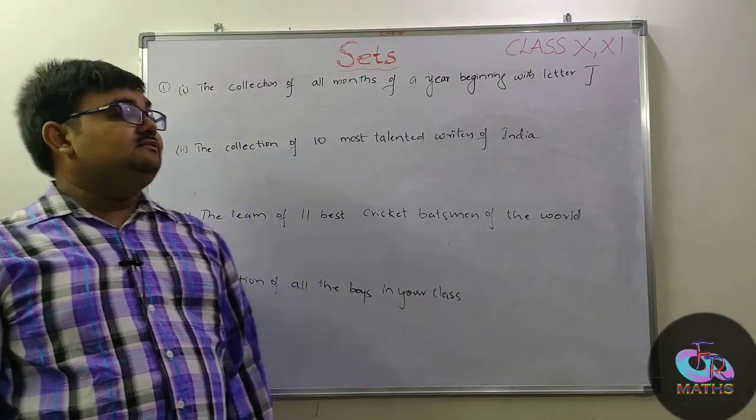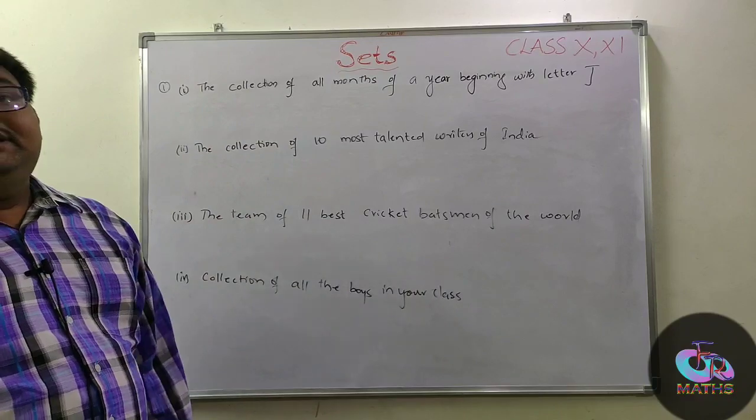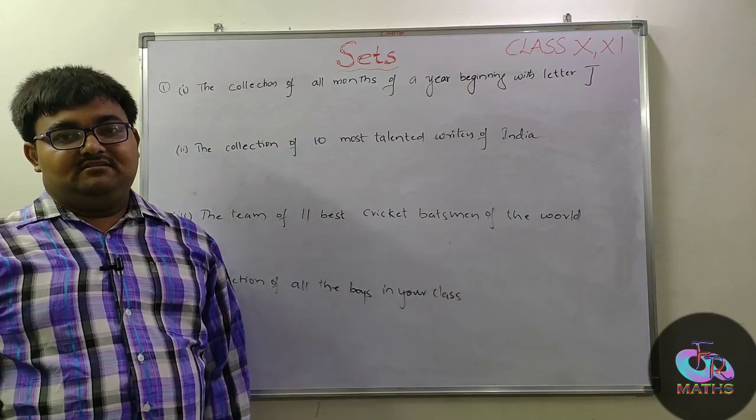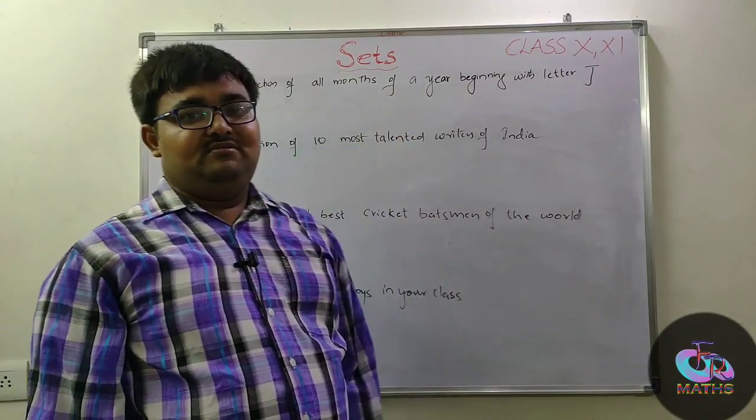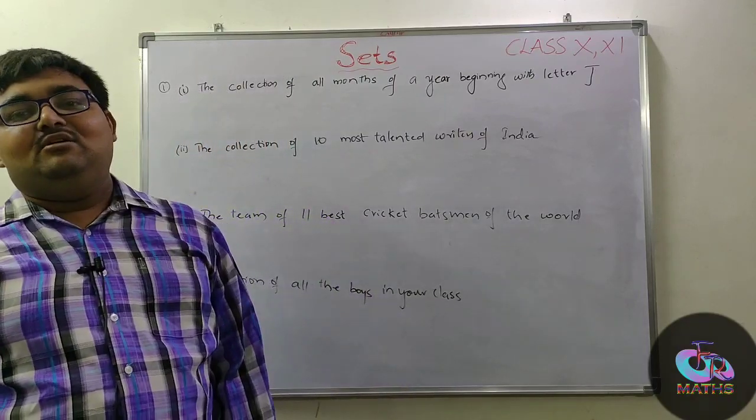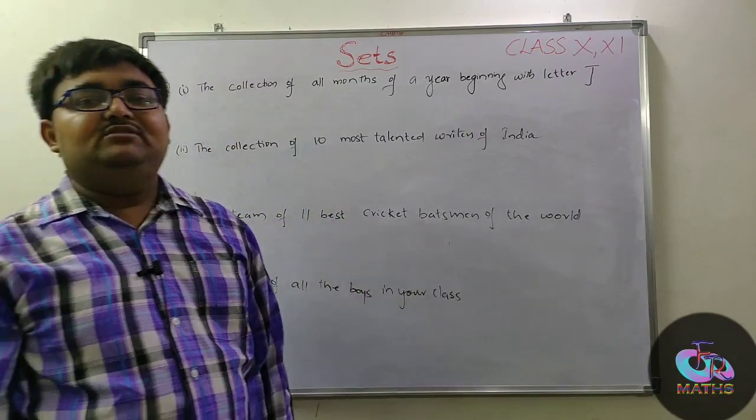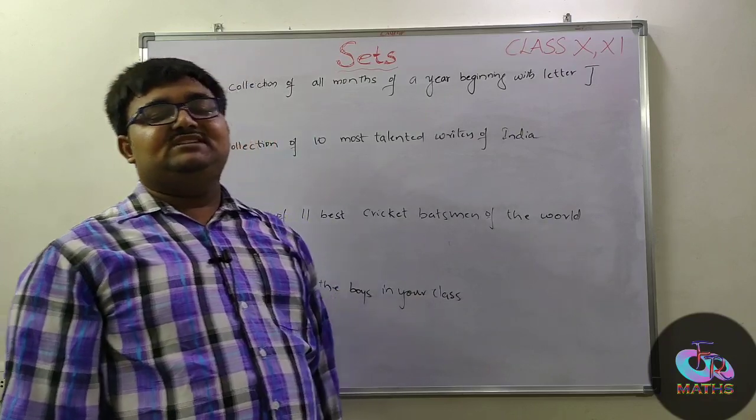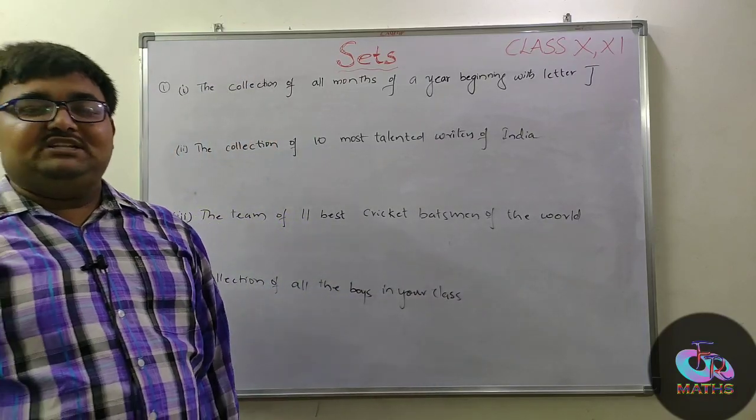In the first one, you need to say whether the given collection is a set or not. If it is a set, you need to justify the answer. Justification in the sense you need to give the explanation.